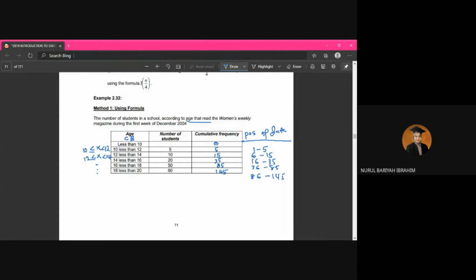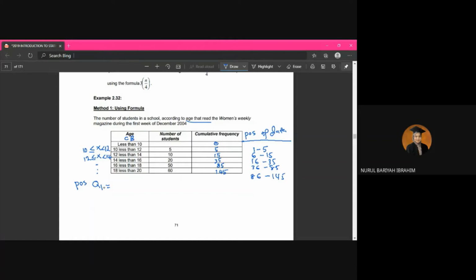Okay, the first data and the fifth data are in the first class. Data 6 until 15 are in the second class. So from here we can know which classes contain our Q1 and Q3. So we find the position of Q1.